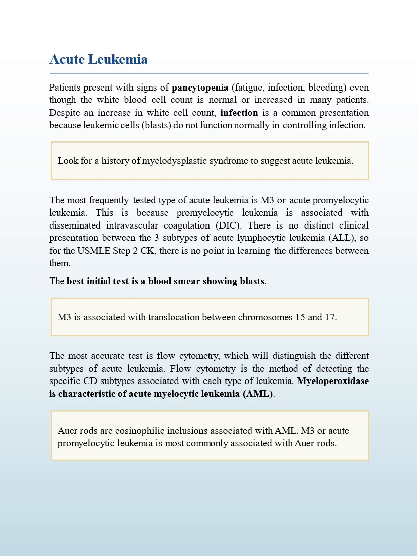Despite the increase in white cell count, infection is a common presentation because the leukemic cells, the blasts, do not function normally in controlling infection. There is a clinical tip which states that a history of myelodysplastic syndrome will suggest acute leukemia.